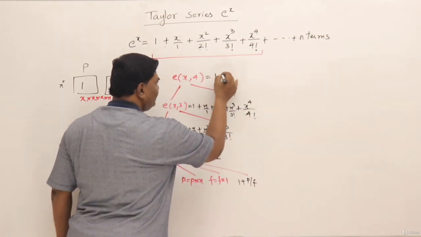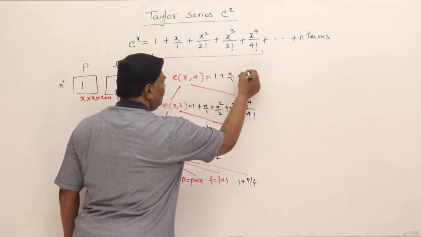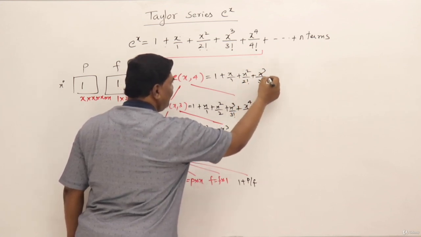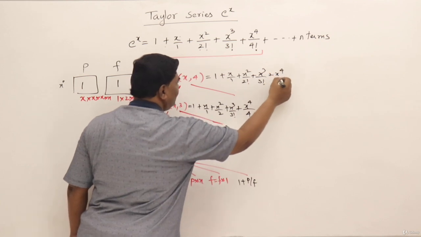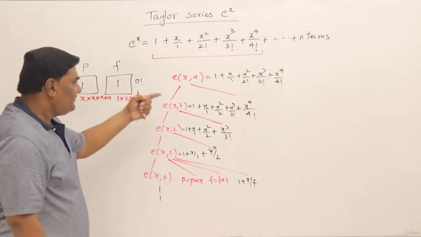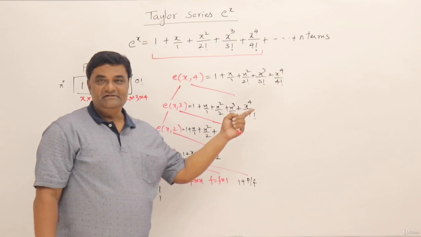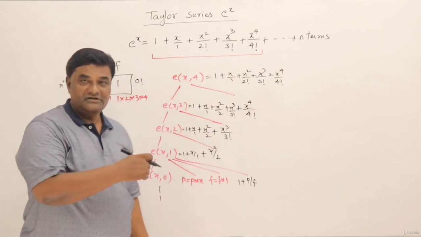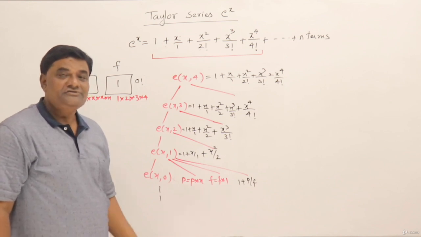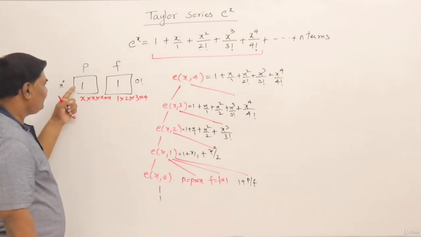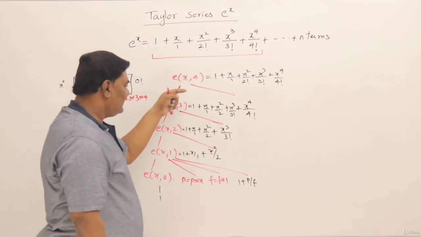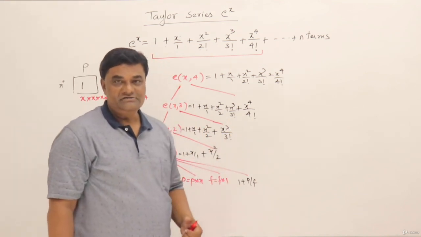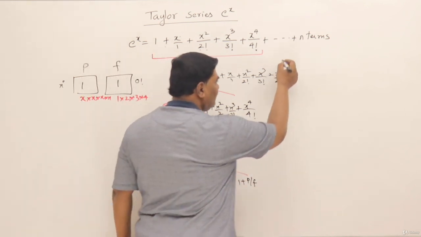So the result of this function will be 1 plus x by 1, x square by 2 factorial, x cube by 3 factorial, plus x power 4 by 4 factorial. So that's how we are getting the result of a Taylor series for highest power 4. Now let me write a function for this one, which is utilizing static variables p and f, and x and n. By using these static variables, we will write a function. So let me write the function here.